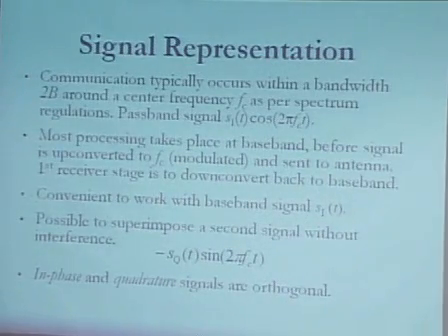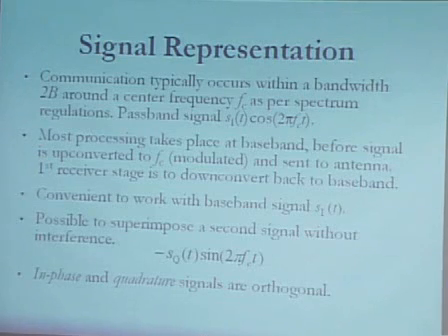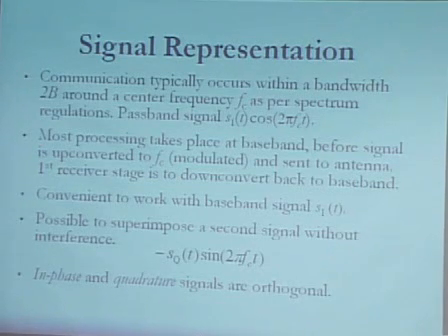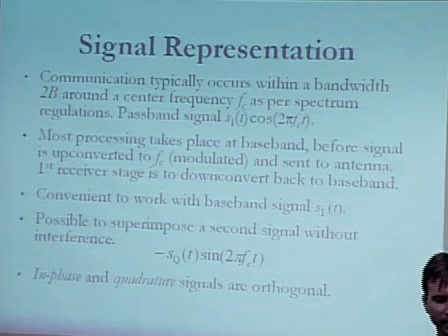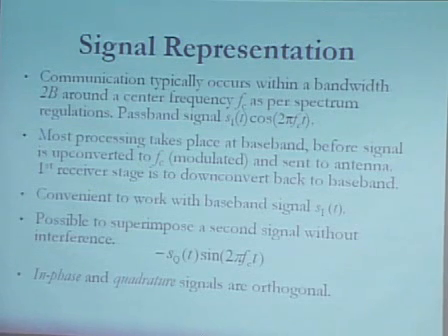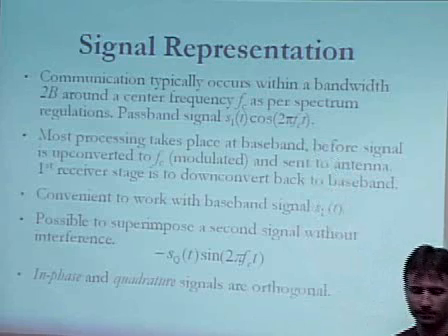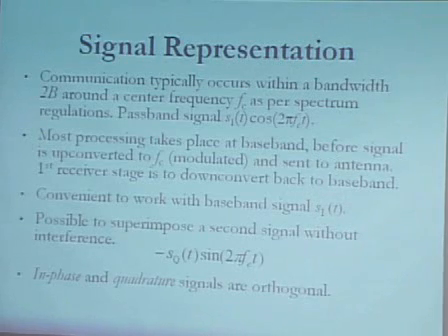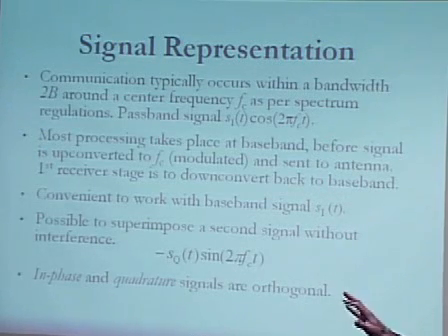Now, most of the processing takes place at baseband, which is before the conversion to FC. So typically, most of the operations in the transmitter take place at baseband, so at zero frequency. And then just before the antenna and the amplifier, they're up converted to FC by multiplication by a cosine, which is the modulation. We bring it up in frequency, we amplify it, and we send it out on the antenna.